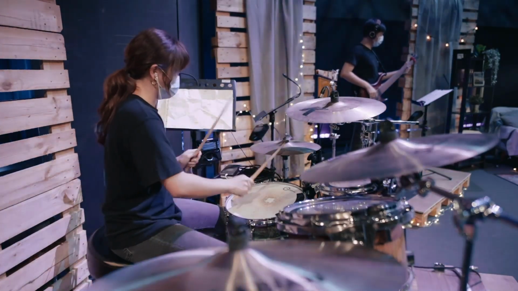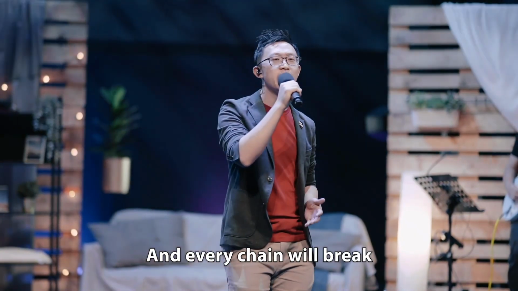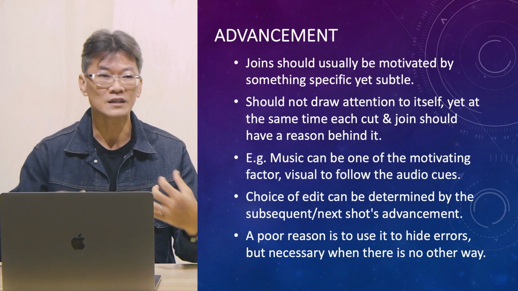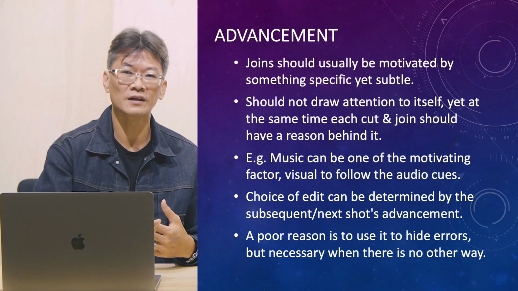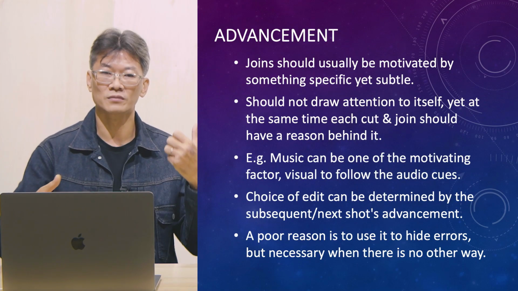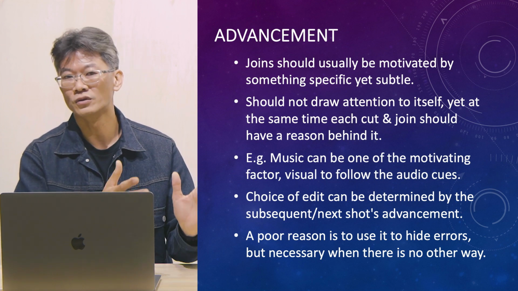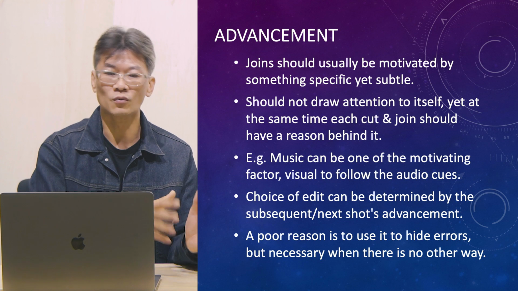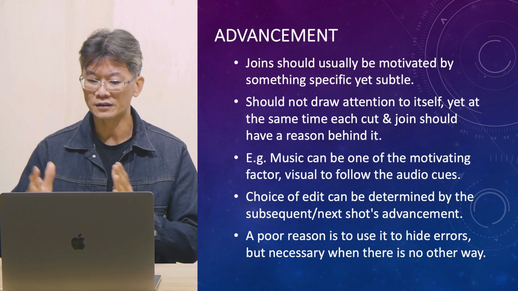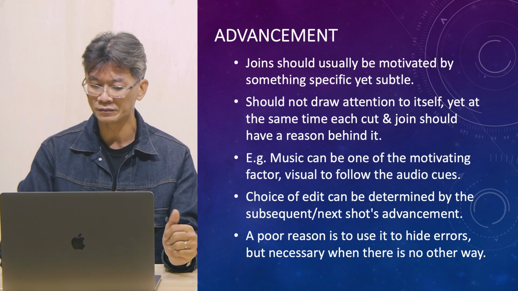When you hear the singer sing, we go to the singer's face. When the guitar solo comes in, we cut to the guitar, and when the pastor comes on stage to speak, the camera swings over to the pastor or service leader, away from the band. These are the different motivations for advancement.